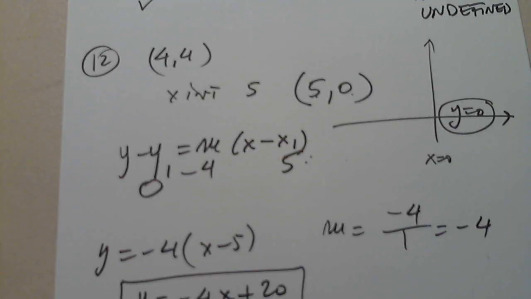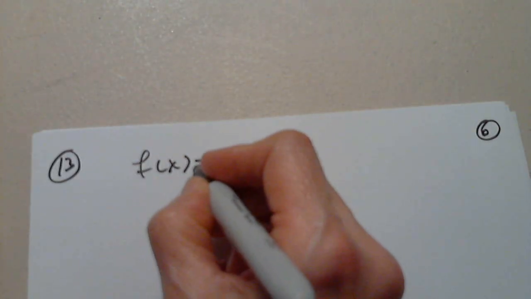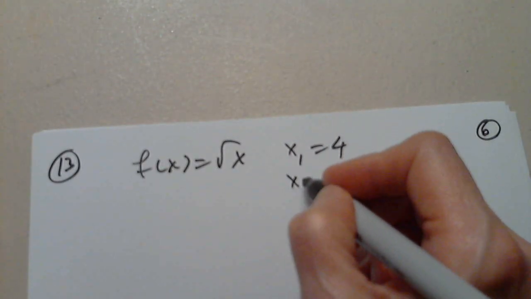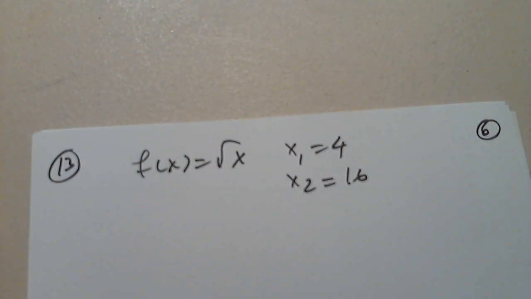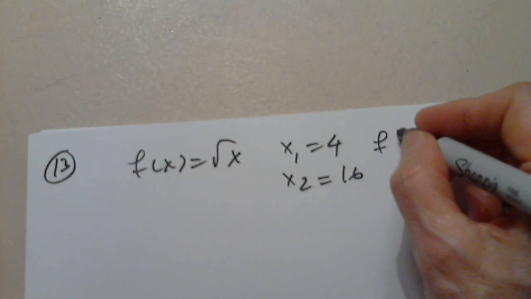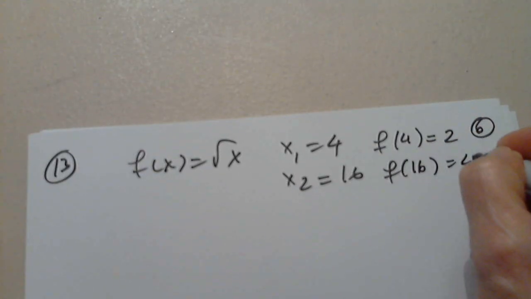Okay, 13. Find the average rate. It's the slope formula. Same thing. So this is page 6. 13. So we have f of x equals the square root of x, and they're giving us x1 is 4 and x2 is 16. All you have to do, find f of 4, which is 2, f of 16, which is 4.